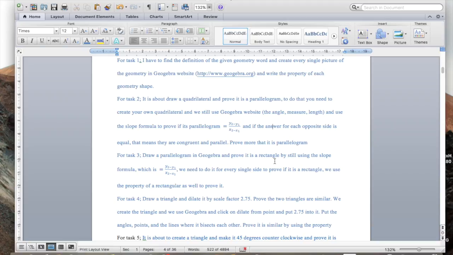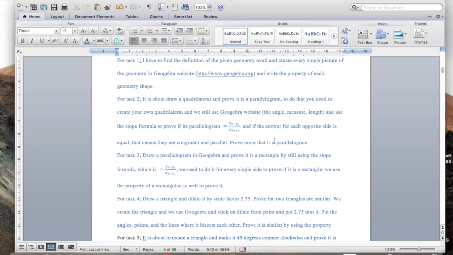So you need to create your own quadrilateral, and we still use the GeoGebra website to find the angle measure and length, and we use the slope formula to prove it's a parallelogram, and this is the slope for it.